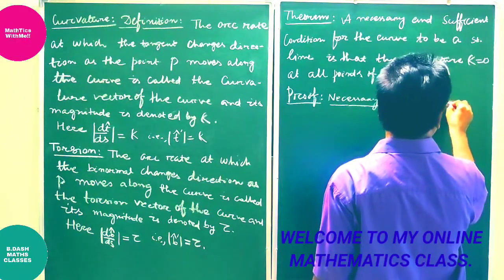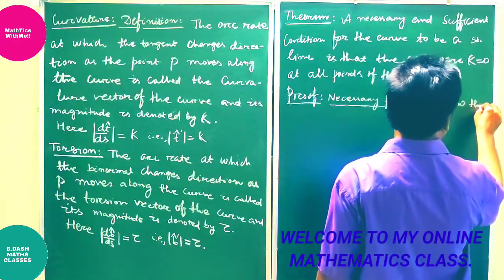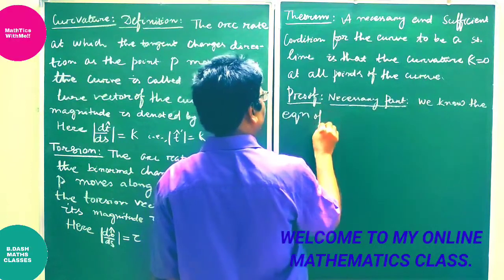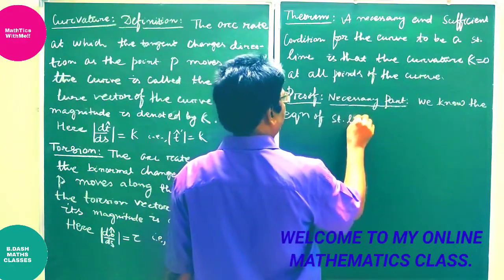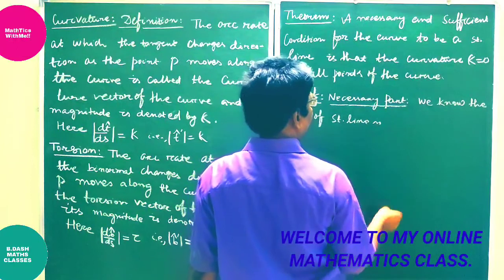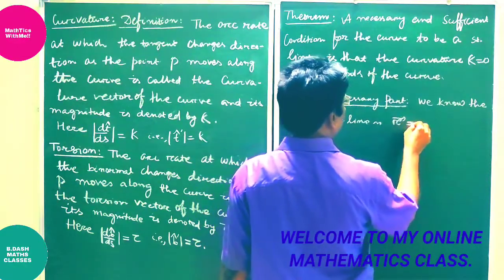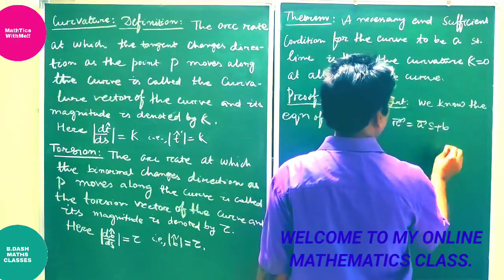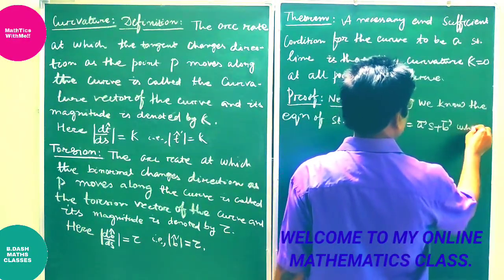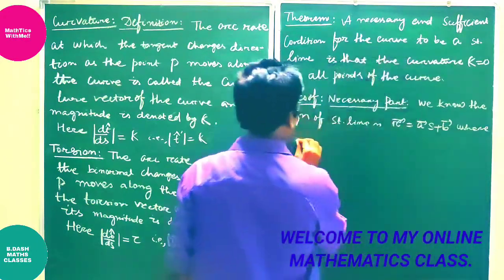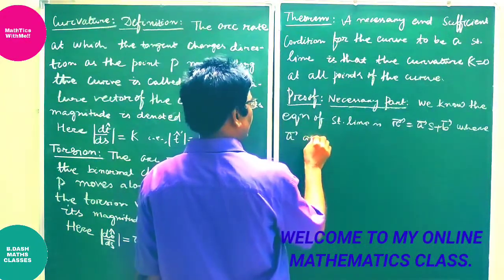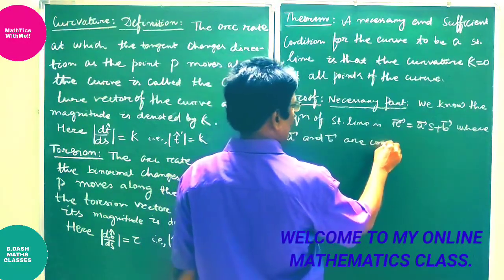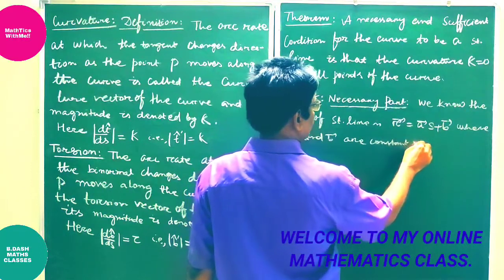We know the equation of a straight line is vector r is equal to vector a s plus vector b, where a and b are constant vectors.